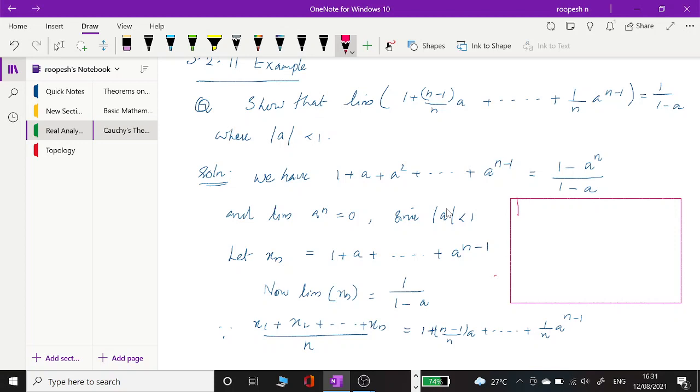We have x1 equal to 1, right? I am taking this sequence. So x1 equal to 1. What about x2? x2 equal to, from this sequence.